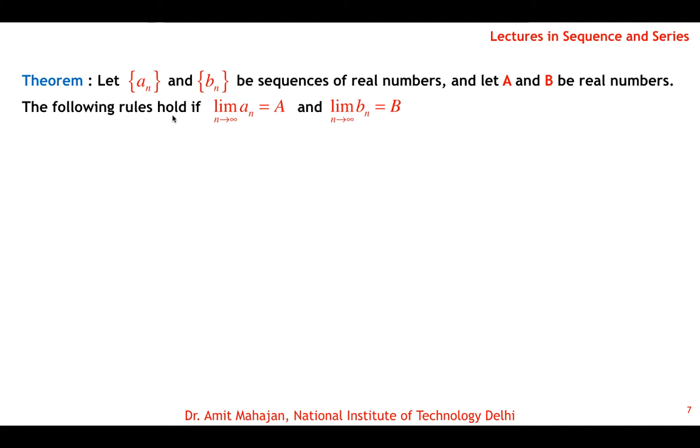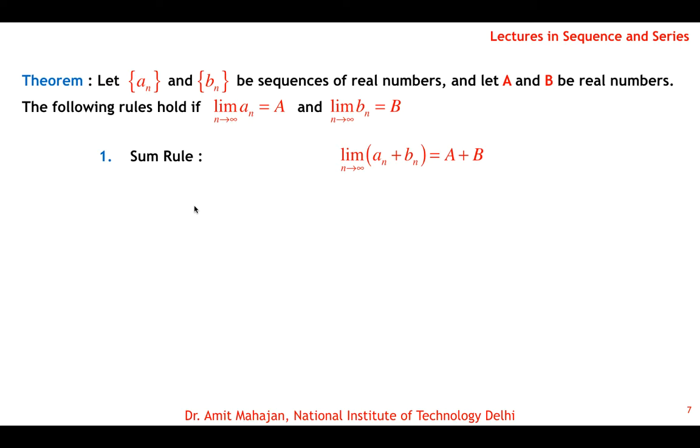The following rules hold if the sequence an is convergent to a and the limit n tends to infinity of bn is b. The first is the sum rule: the limit n tends to infinity of an plus bn is a plus b. That means if sequence an and sequence bn are convergent, then the sequence an plus bn is also convergent and it converges to a plus b.